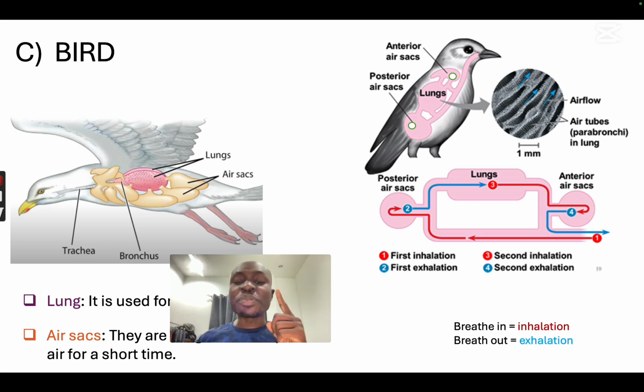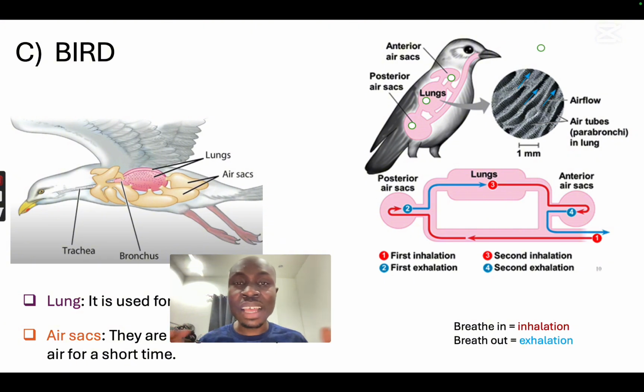In the first breathe out, the air is going to move from the posterior air sac to the lungs. This is where we have gas exchange. In the second breathe in, the air is going to move from the lungs to the anterior air sac, or the air sac near the head. And in the second breathe out, the air is going to be pushed out of the body.